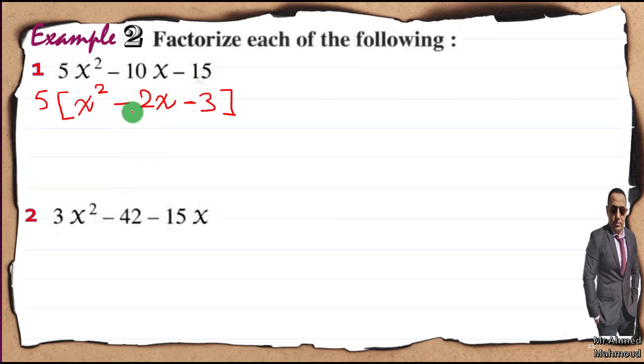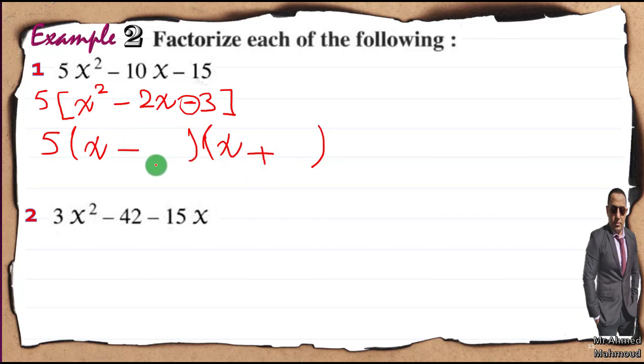Now I'm going to factorize this expression. I'm going to open two brackets as usual, and don't forget to drop down 5 outside the two brackets. X power of 2 will be x and x, and the sign, because I have a negative here, I'm going to write two different signs, negative positive or positive negative. 3 divided by 1 equals 3.